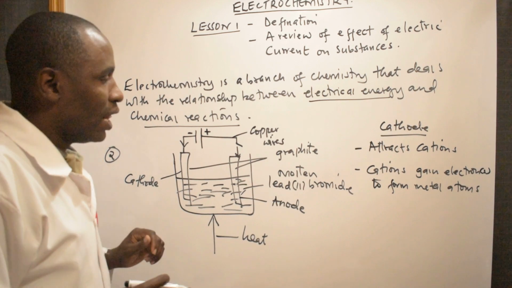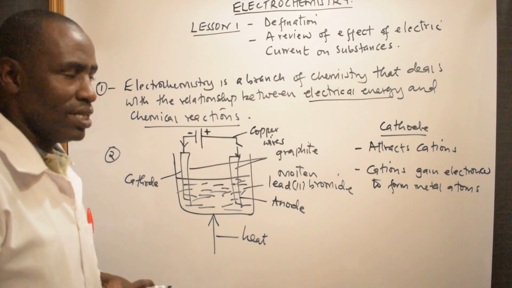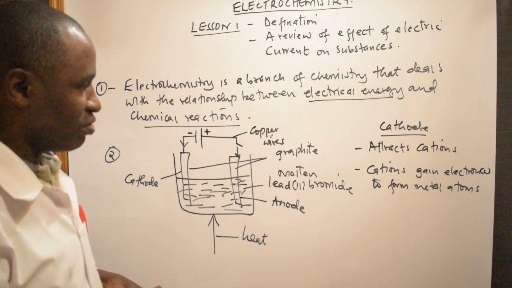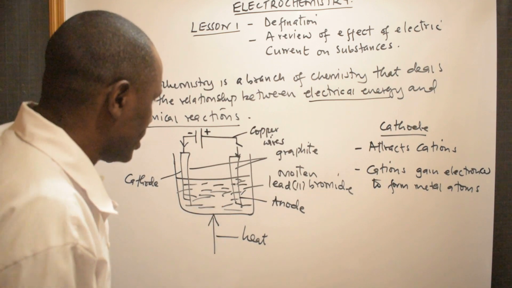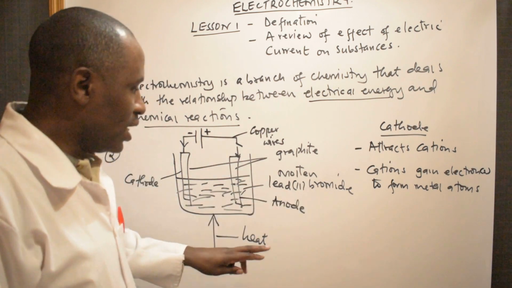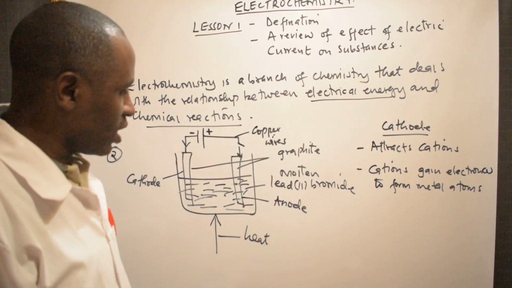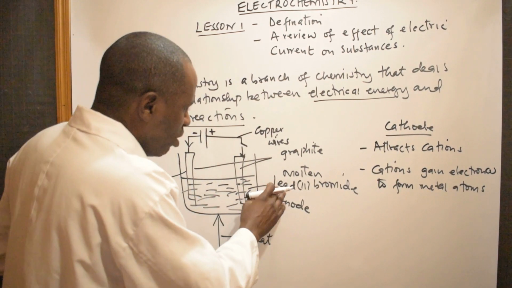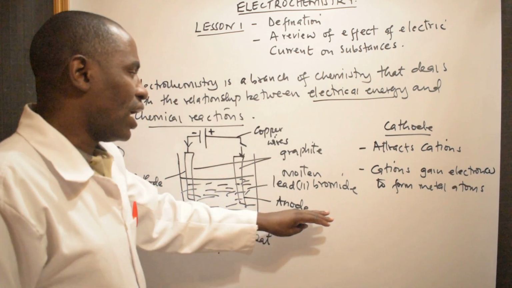I want you to get that. They are positively charged. That means they have some deficiency of electrons. Now, in this particular case here, I want us to think about this. We have molten lead(II) bromide. Now, lead(II) bromide, when in molten state, the ionic bond is broken. And now we're going to have the free lead ions and we have bromide ions.